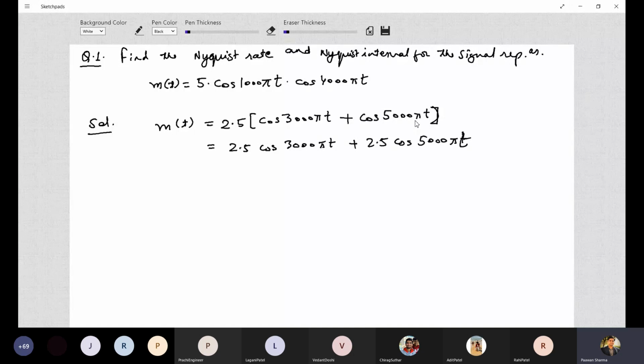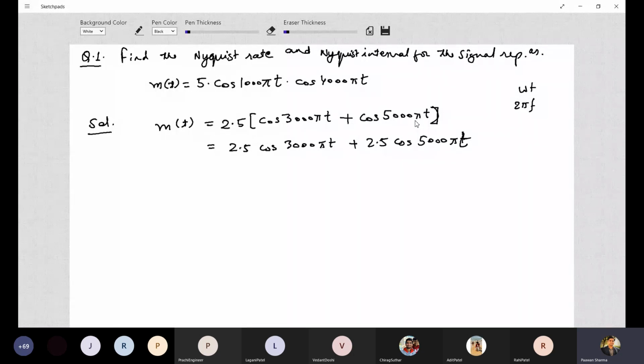Now when you compare with the formula omega t, omega is 2 pi f t. So pi is given, so here 2f will be 5000, and here 2f will be 3000.